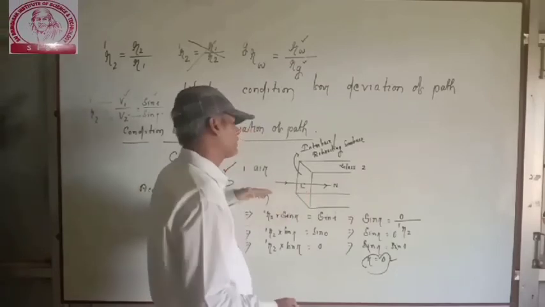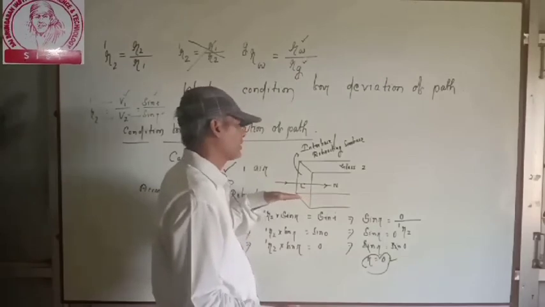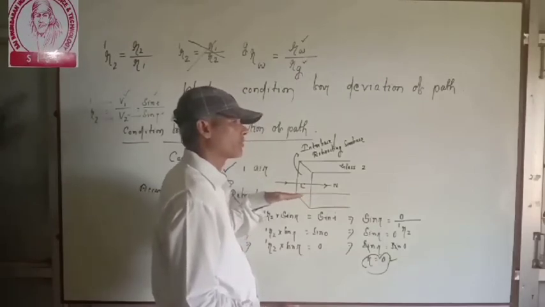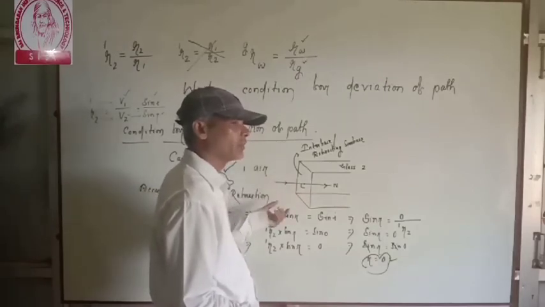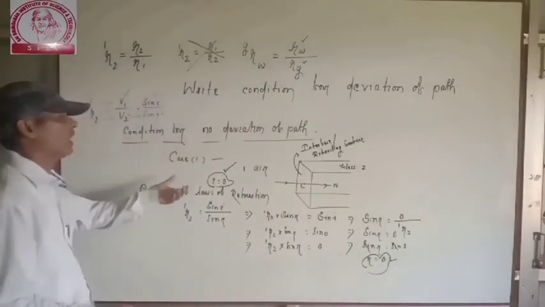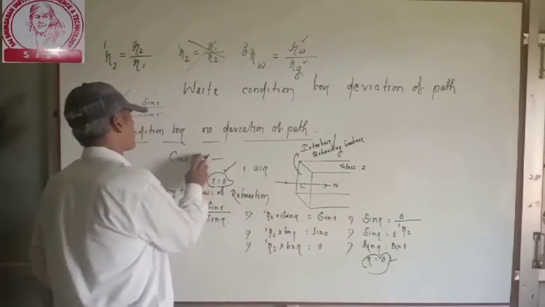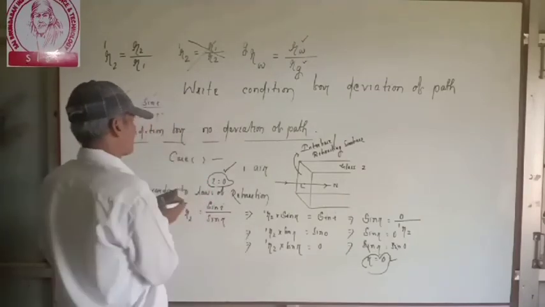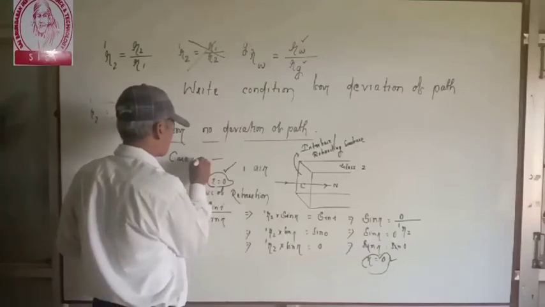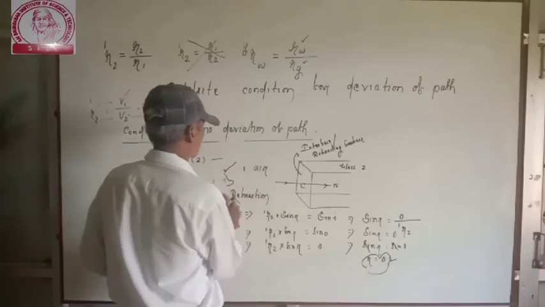When the ray propagates along the normal. So there is no deviation of path. This is case 1. Let's move to case 2. Condition for no deviation of path, case 2. Okay.